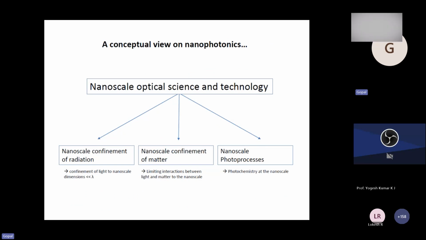You see here a conceptual view of nanophotonics and nanomaterials, nanoscale optical science and technology. First is nanoscale confinement of the radiation, nanoscale confinement of the matter, the material, and nanoscale photoprocesses. These are the three areas which make the nanomaterials critical for biomedical applications.